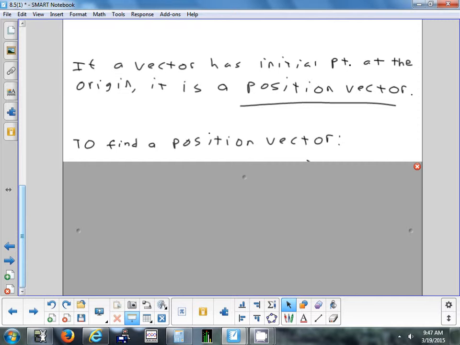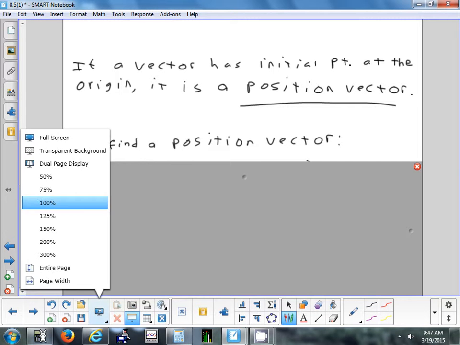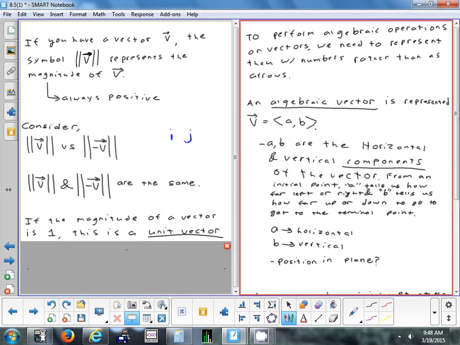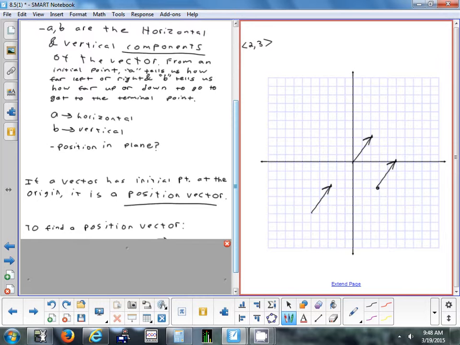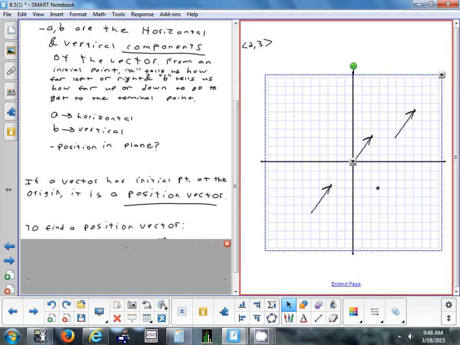Okay, and the last thing is we'll look at how you could find a position vector. Let's say we'll look at one of those other ones I drew. We'll look at the coordinates and see how we could figure out the position vector. Just so we don't have to deal with too many negatives, let's do this one.